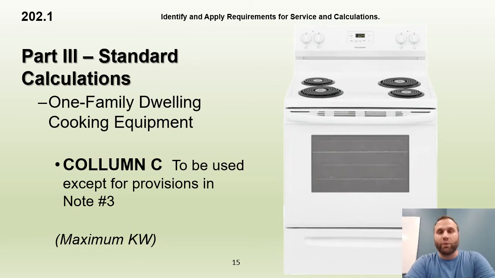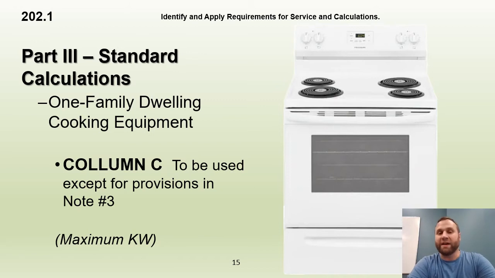The one thing I want to point out to you is, in table 220.55, column C is a maximum kW allowance, meaning that is the total maximum in kilowatts I am expected to include on the service for the number of ranges that it may be representing.